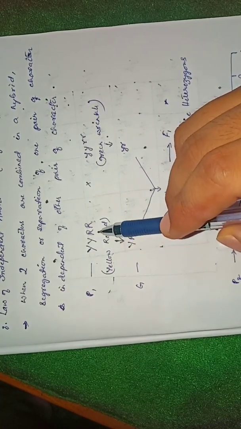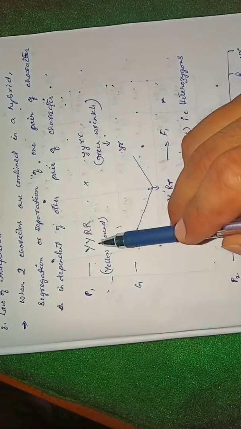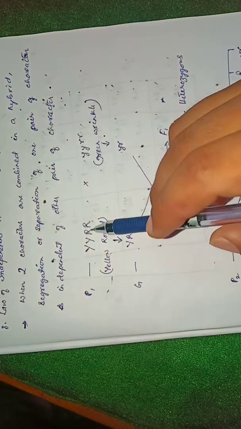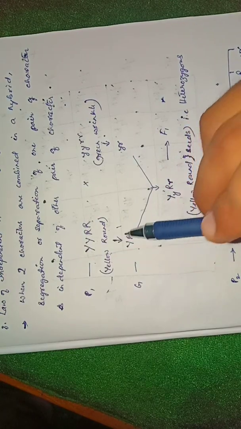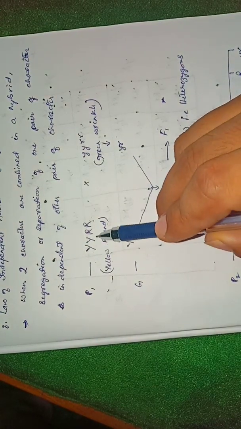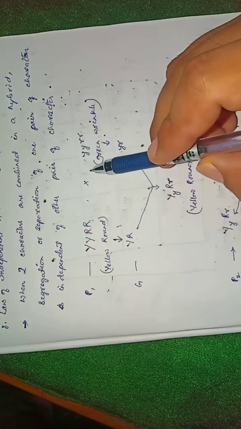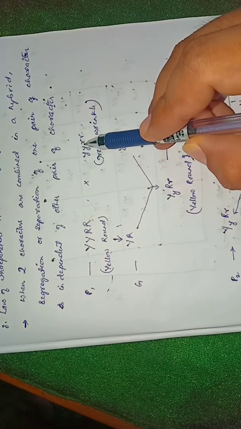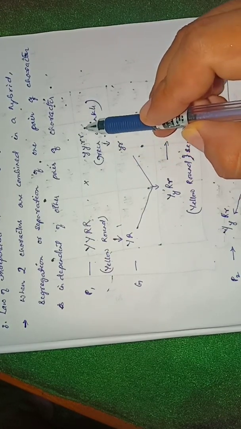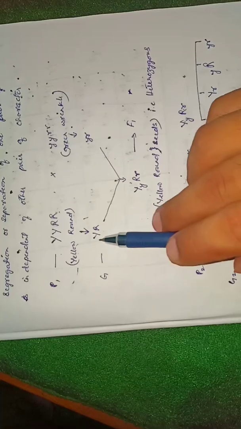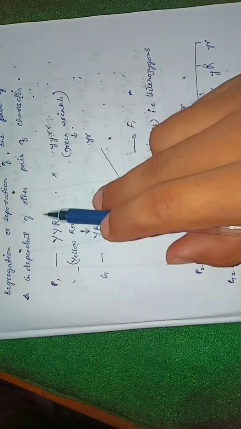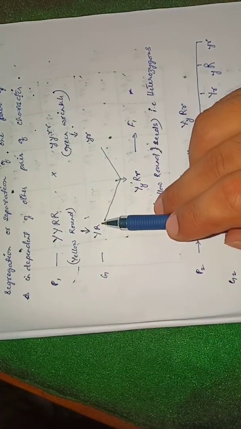So this plant will give rise to gametes. The gametes will be one from here, the other from here. Same here, one small y from this and the other from here. So the gamete arising from here will be capital Y, capital R.